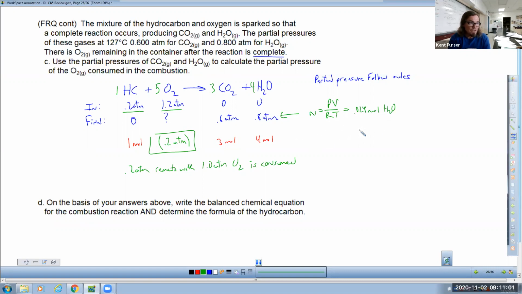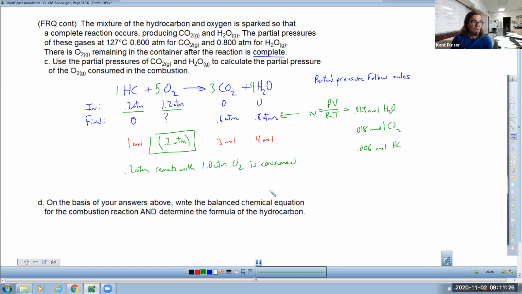I found that the CO2 came out to be 0.018 moles. And that we already knew from part A that the hydrocarbon was 0.006 moles of HC. And then I just looked at these and said, okay, what's the mole ratio here? Well, that was a lot faster if we do it with partial pressures instead. Good times, isn't it? You guys having fun?